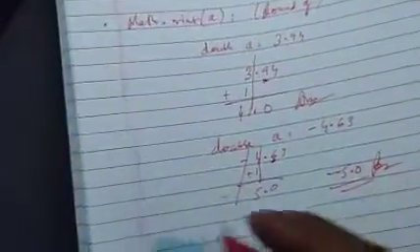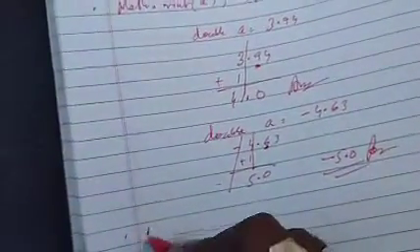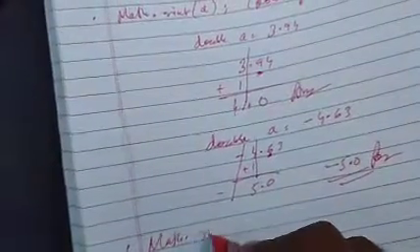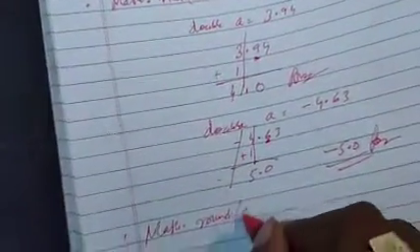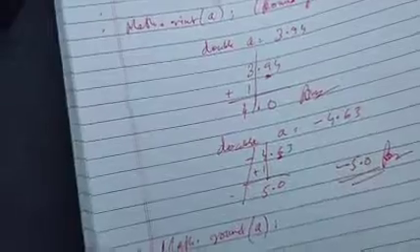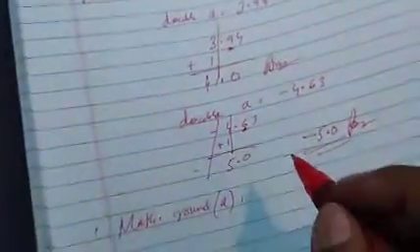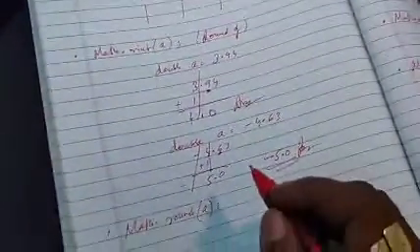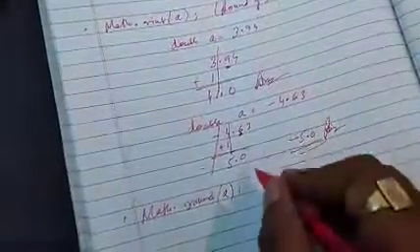Then the next one, similar to Math.rint, is Math.round. You might be wondering, when I am teaching you this, that both are approximation, so what is the basic difference between the two?